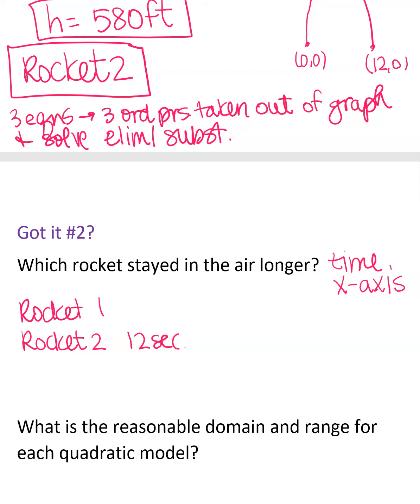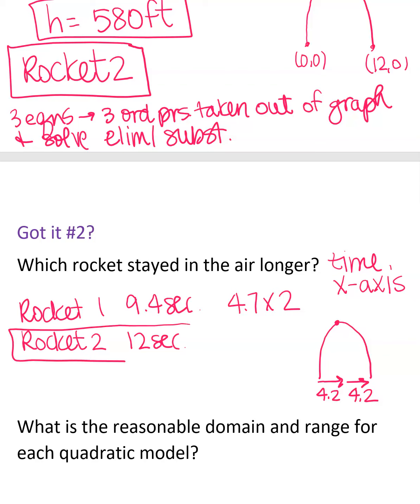So for rocket 1, you'd have to take 4.7 times 2, which would be 9.4 seconds. Because remember, the vertex is only halfway across, so you'd have to double it to get all the way across. So rocket 2 stayed in the air longer and went the highest.